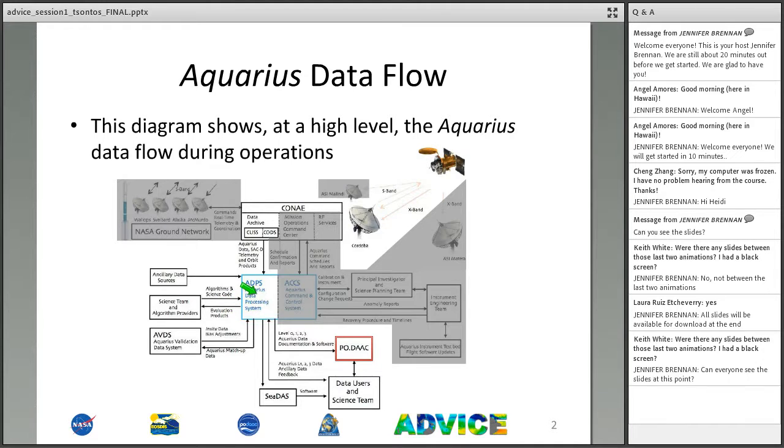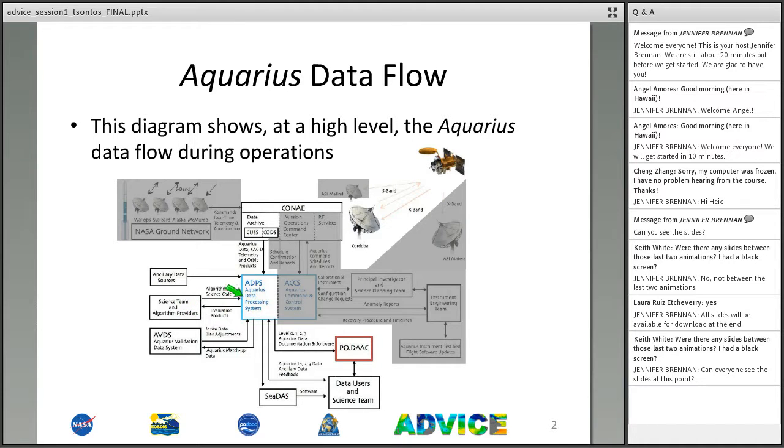This is where the processing of the Aquarius data occurred and still occurs. And processing involves basically execution of a series of algorithms that have been developed by the science team, as Tony described, combined with a range of ancillary data sources, including things like SST, which is an input to the salinity retrieval calculation.